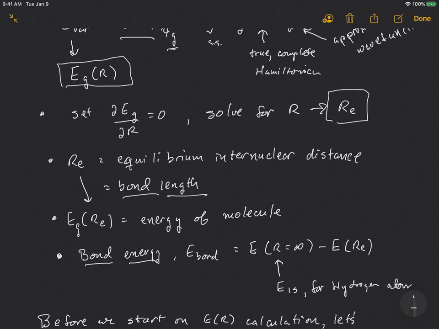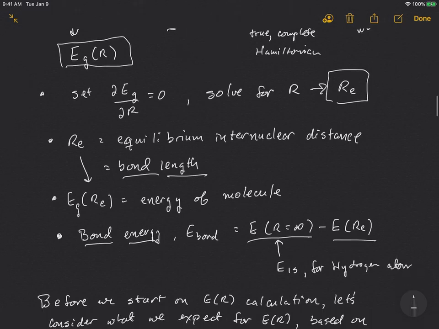So we're calculating how much energy is required to set R equal to infinity for the system. And so the energy difference, final state minus initial state, would be E at R equals infinity minus E at R sub e, at our equilibrium internuclear distance. And so once we calculate that, we'll know what our bond energy is, right? How much energy is required to pull apart this molecule.